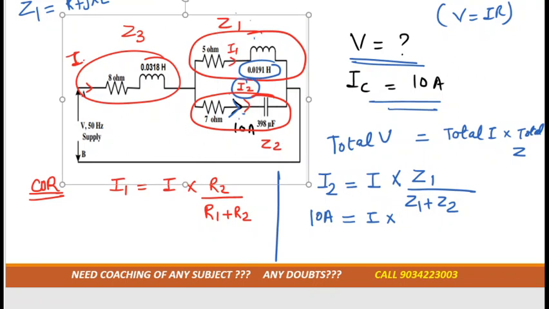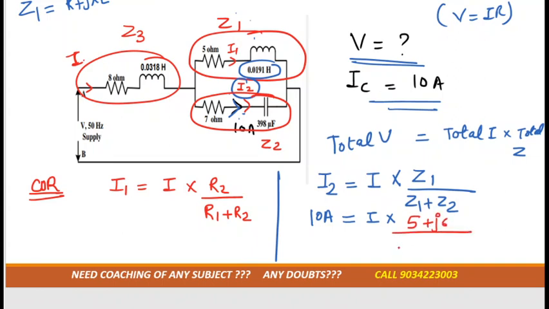We can put these values in the formula. Z1 is 5 plus j6, divided by this one, 5 plus j6, plus Z2, which is 7 minus j8, right?